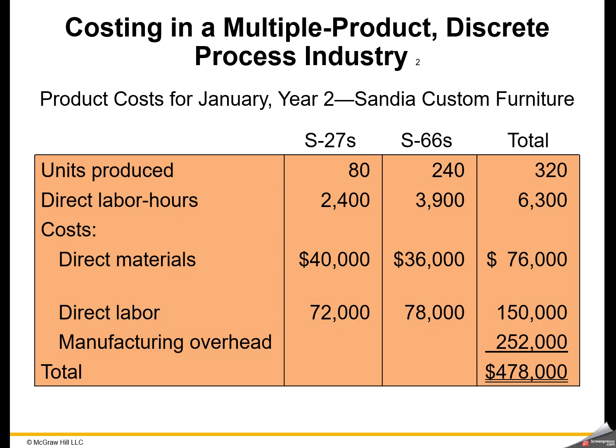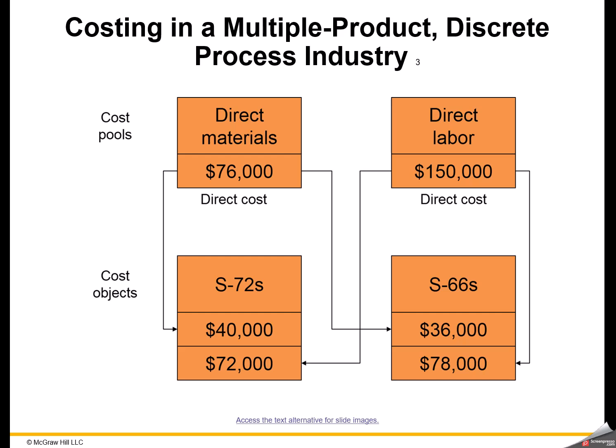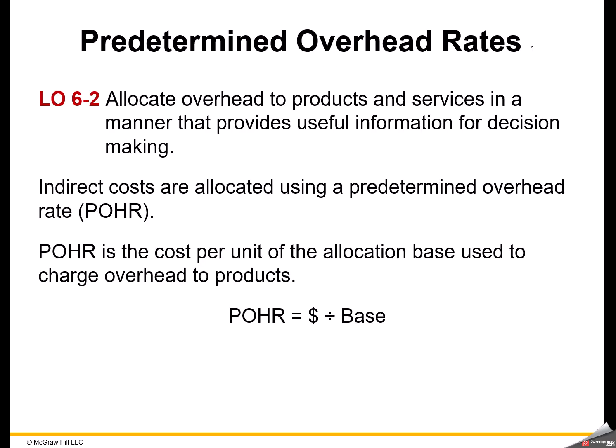What we're coming down to is how do we allocate out the $252,000 in manufacturing overhead. We know the direct materials are $40,000 to the S72 and $36,000 to S66. We know the $150,000 of direct labor cost, $72,000 goes to S72, $78,000 goes to the S66. Those were broken out on that table.